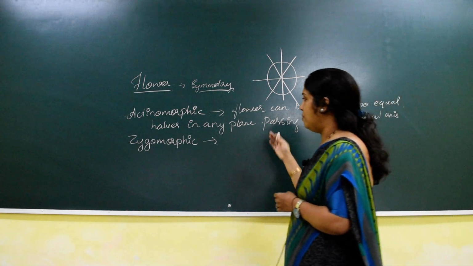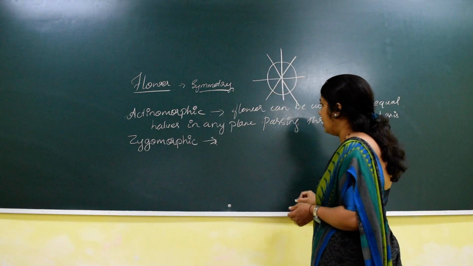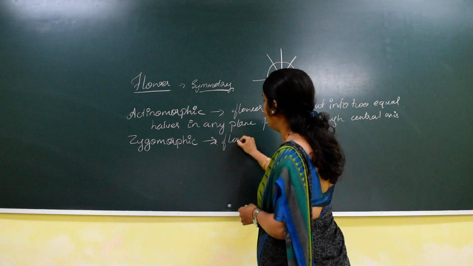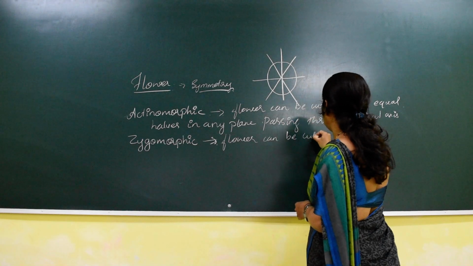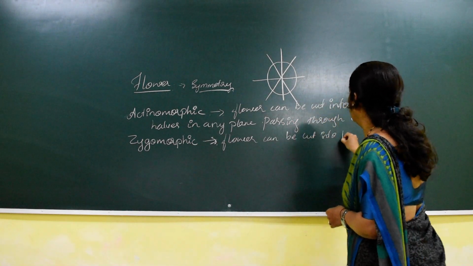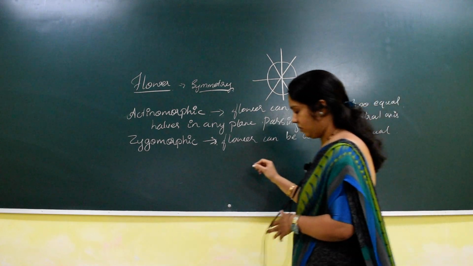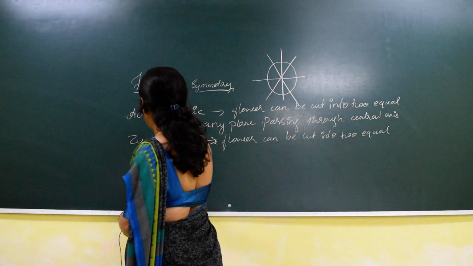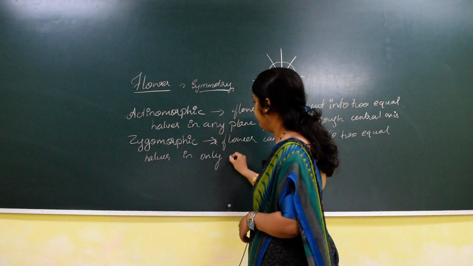And opposite to this is zygomorphic. So what is zygomorphic? The same definition: the flower can be cut into 2 equal halves in only one plane.